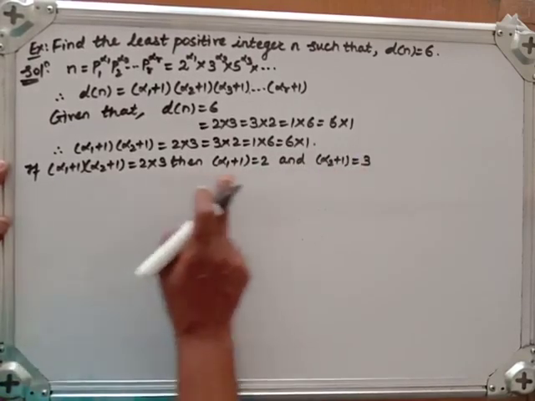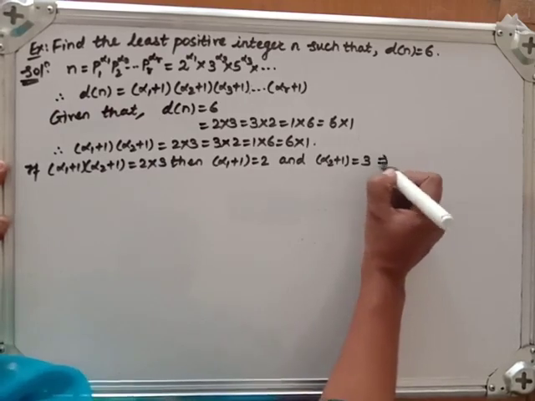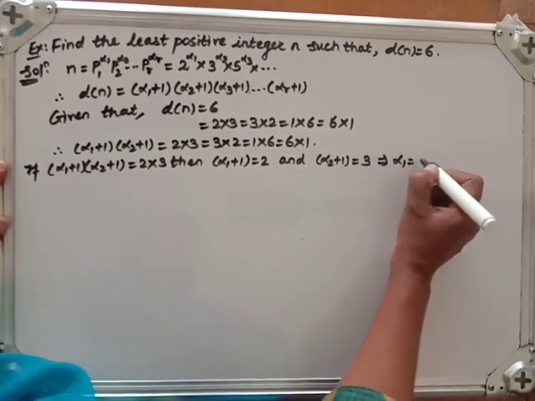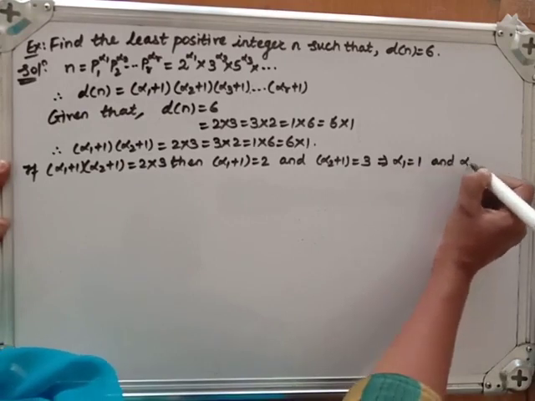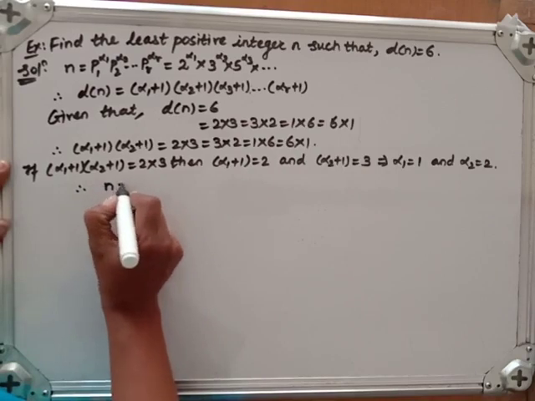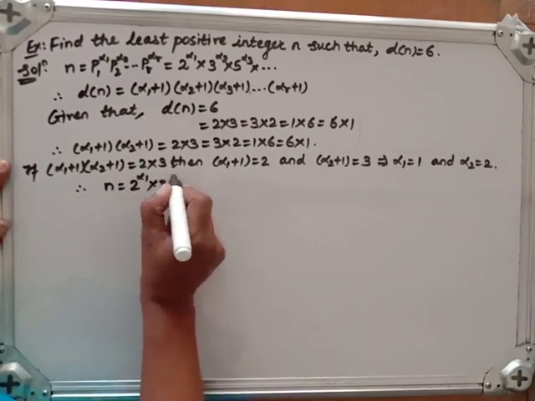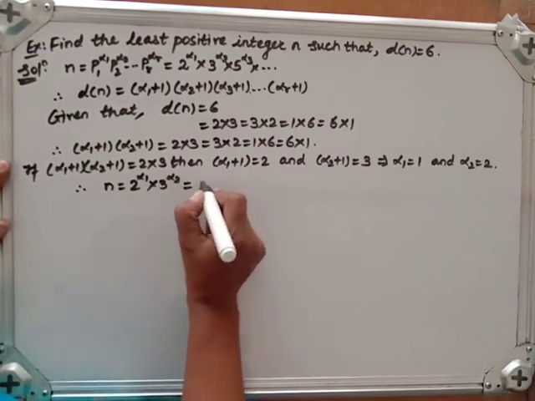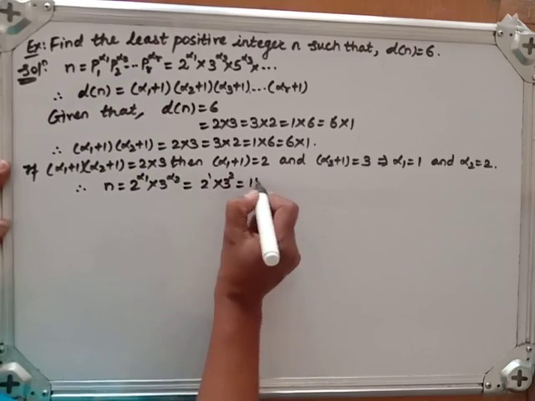If these are same, then this gives us alpha 1 is equal to 1 and alpha 2 is equal to 2. Therefore n is equal to 2 raised to alpha 1 into 3 raised to alpha 2. So this is 2 raised to 1 into 3 square. So that will be how much?